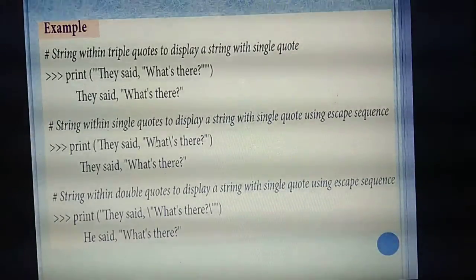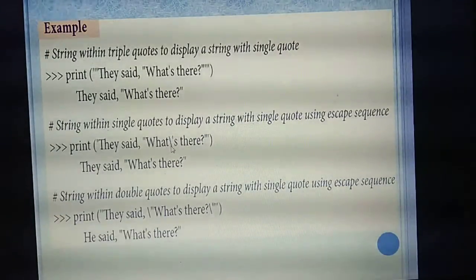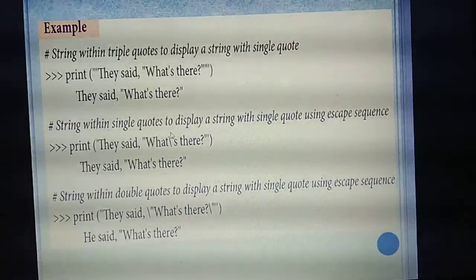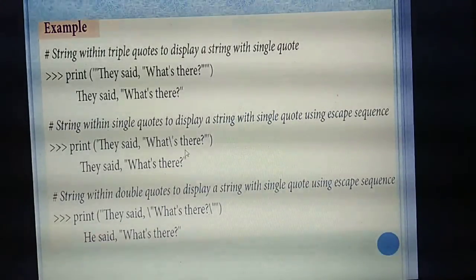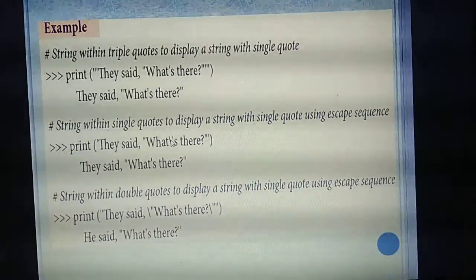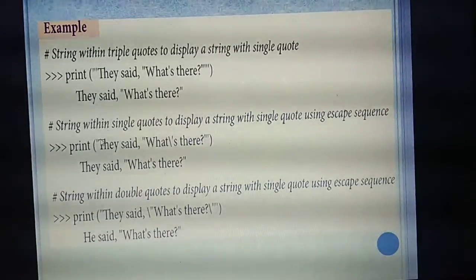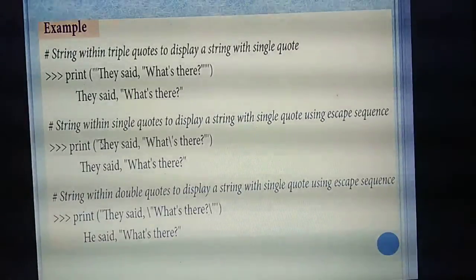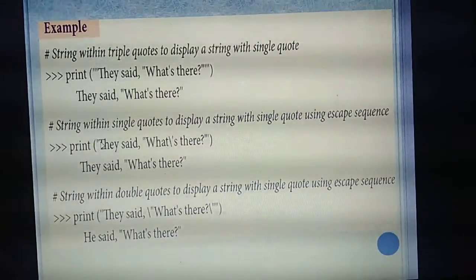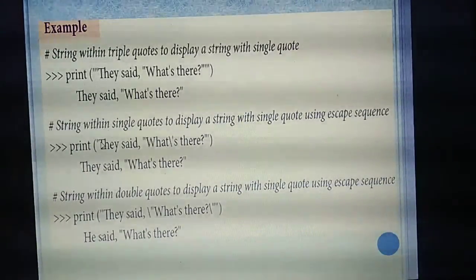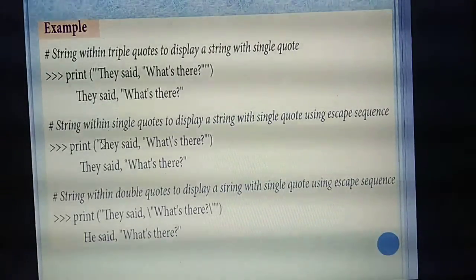Okay, so listen. What's there? See, this is the single apostrophe. So if you give a backslash with this apostrophe, you are able to give the sentence in single quotes. Understand? But normally, if you give it without this escape sequence, the Python program will throw an error. That you already know.